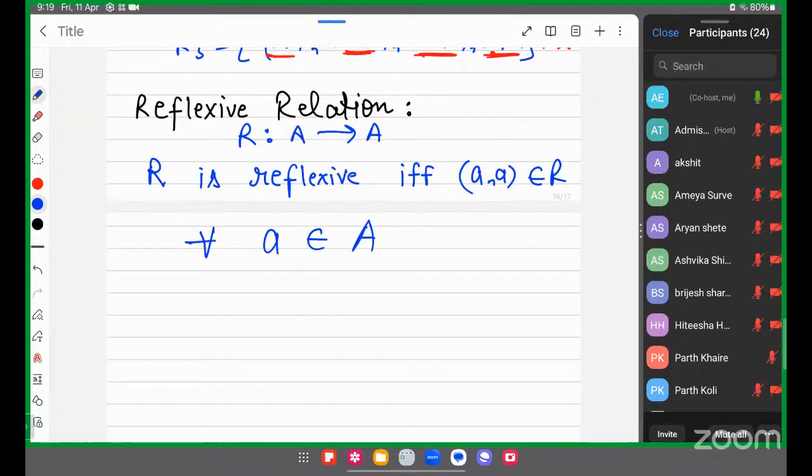All the elements of set A must relate with itself.